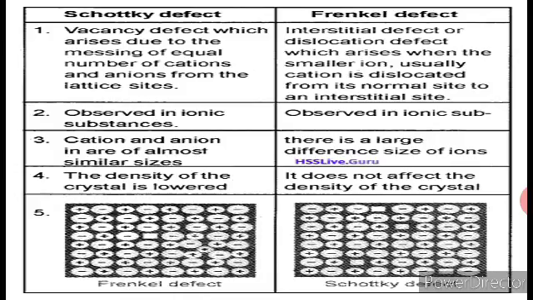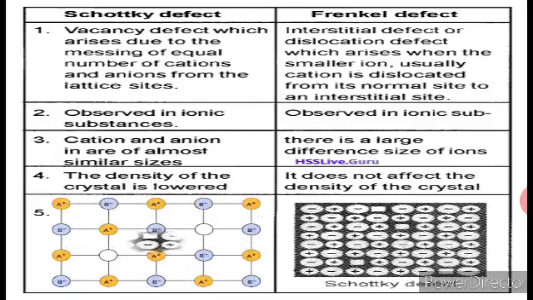In Schottky defect, because an equal number of cations and anions are missing from their place in the crystalline solid, due to the decrease in number of ions, mass decreases, volume remains the same, so density decreases. So in Schottky defect, density decreases.